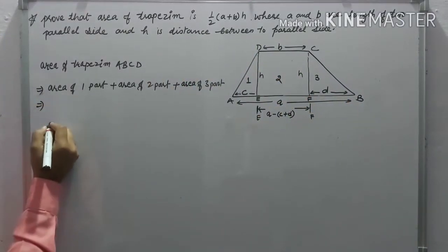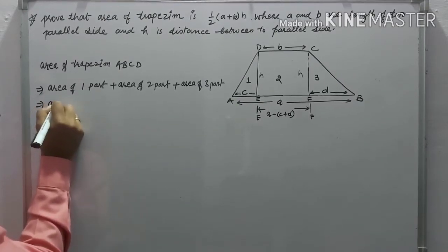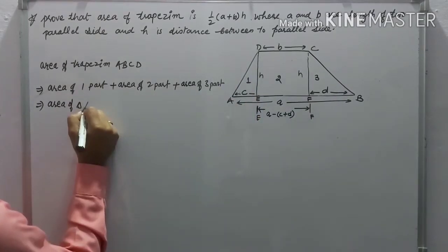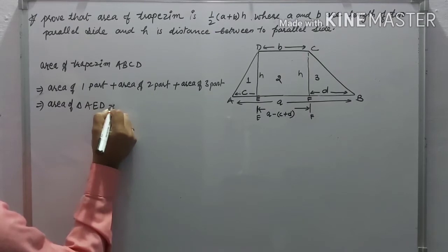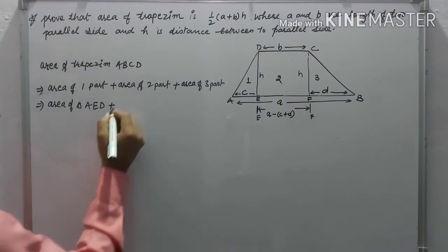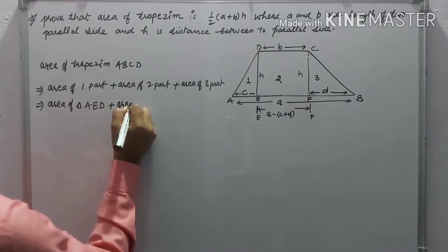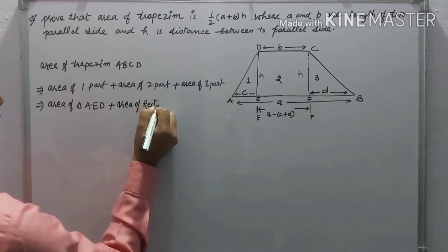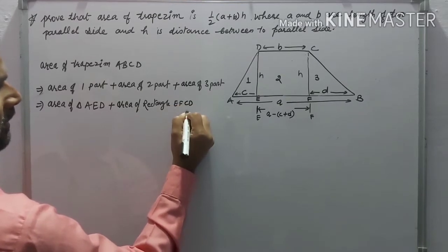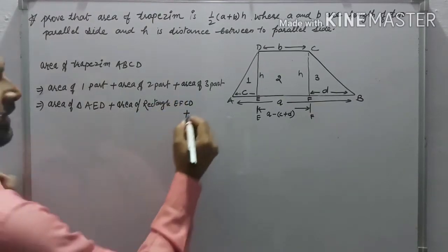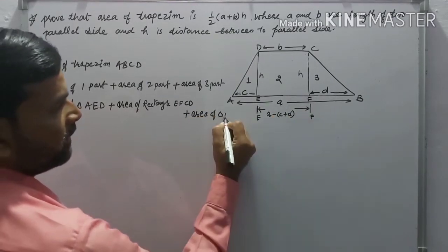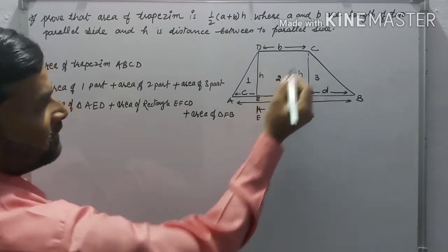Now the area of the first part is the area of triangle AED, plus the second is EFCD, which is a rectangle, plus the area of the third part, which is triangle FBC.